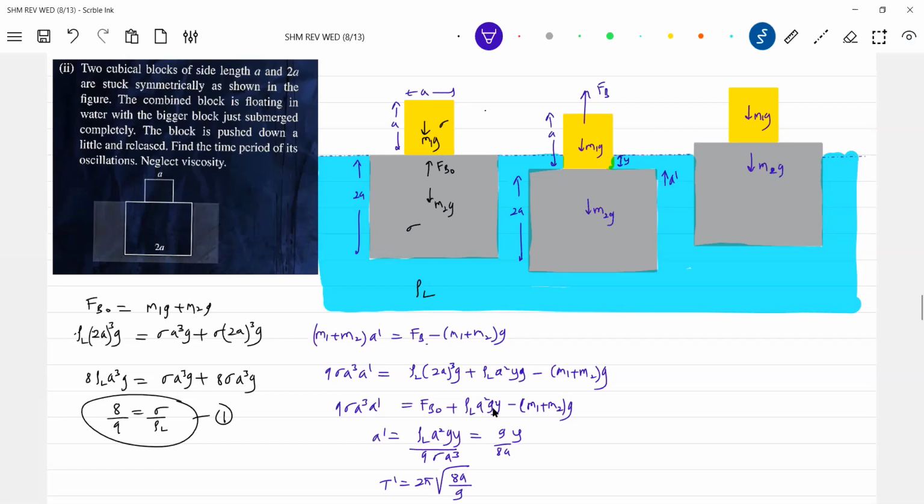Or if you are getting confusion, you do one thing, call this Y, no, this is say some R, you write it. 2A minus R it is.